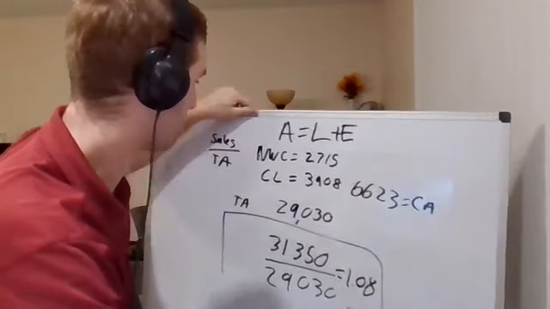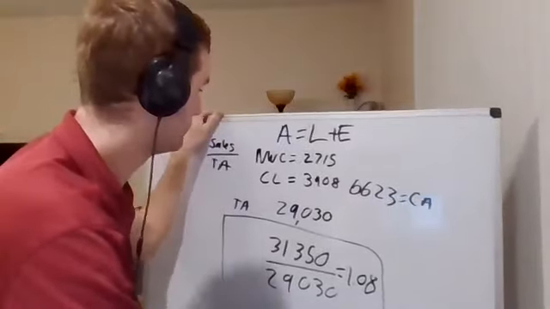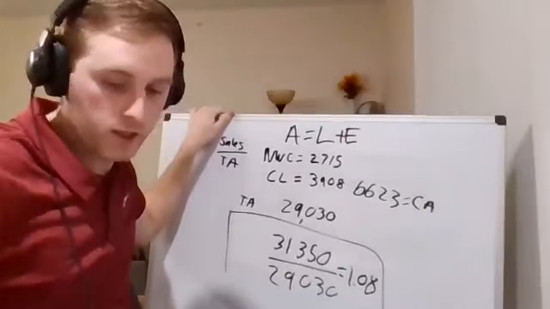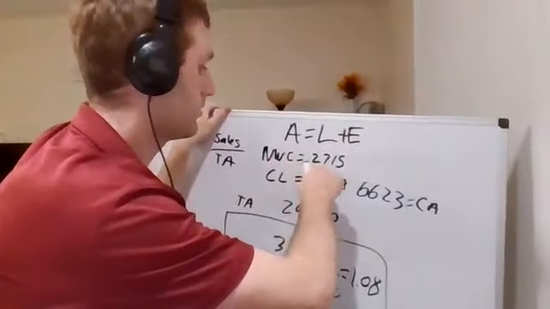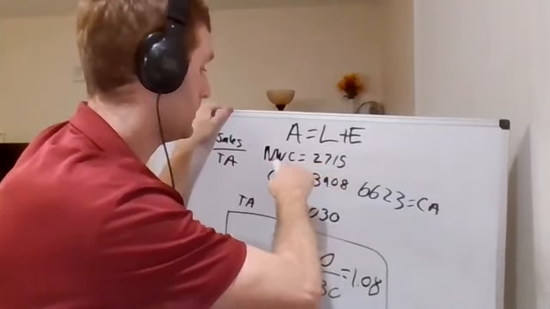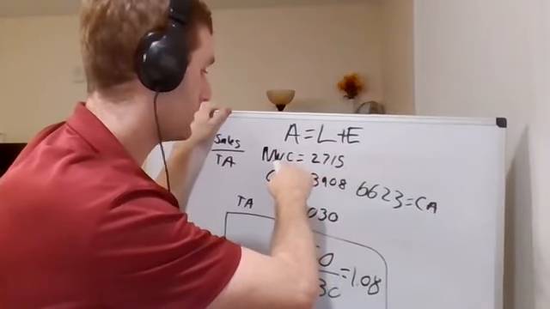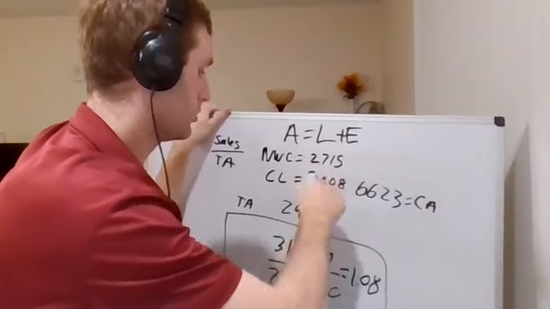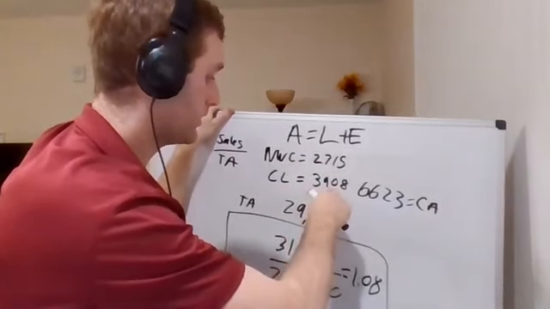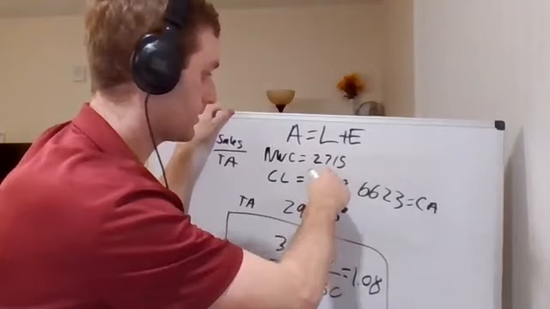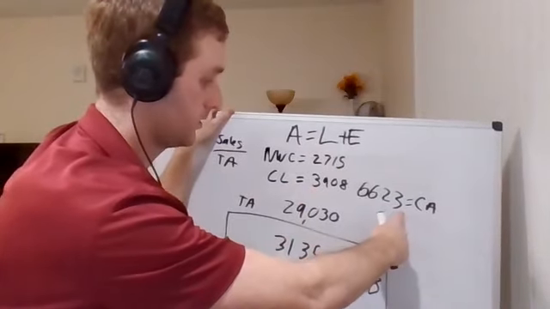This is one we just had to work back on. Sorry, how'd you get the total assets? I took the net working capital, which is 2715. This equation is current assets minus current liabilities. So it gives us the current liabilities. I know this number plus this gives us our current assets.